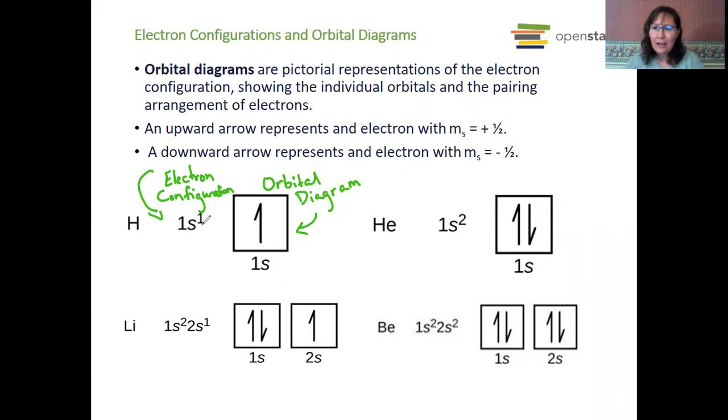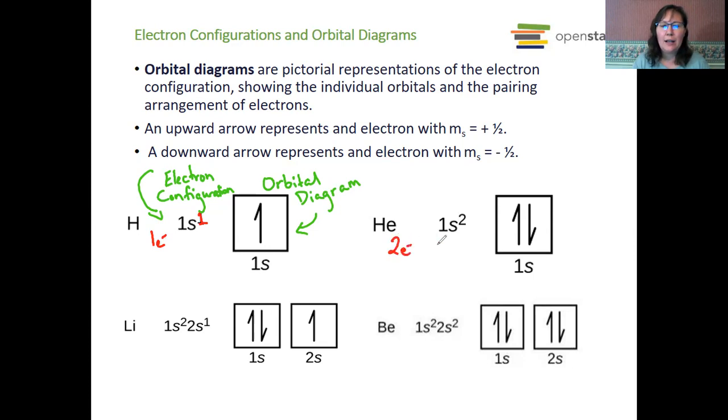So if you're watching this at home, I've got my periodic table here. Remember, on the last slide, I just showed you where to find these. So if you don't have your periodic table sitting in front of you, I want you to pause the video and go get it. And as I'm doing this, I want you to be looking at these. Okay, so now hydrogen has 1 electron, and so it's 1s1.